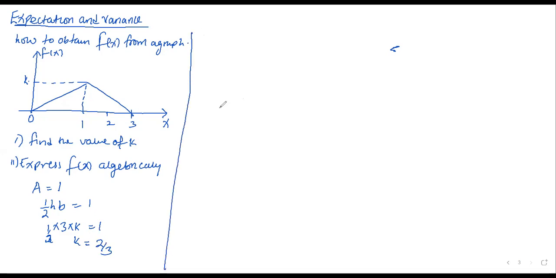Now, the second part is the interesting one. You see that the graph changes between 0 and 1. So therefore, between 0 less than or equal to x less than or equal to 1, what is f of x? f of x is a straight line graph.